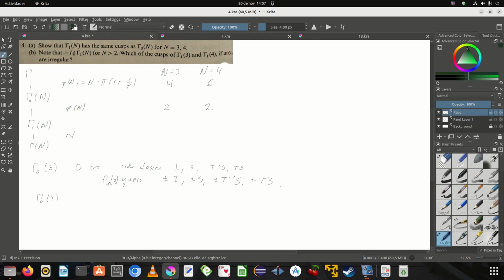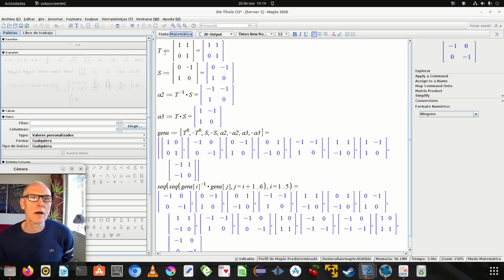That should be it. And then we can find the cusps afterwards. I have defined T and S, A2 and A3. And then plus minus the 3 guys.